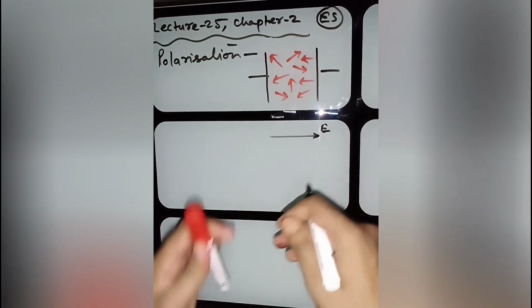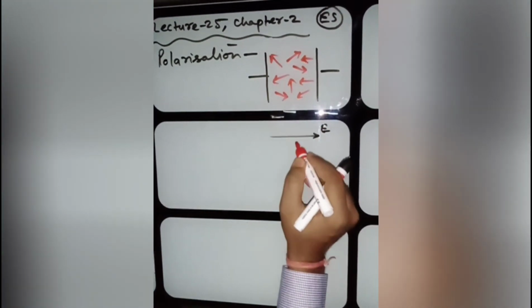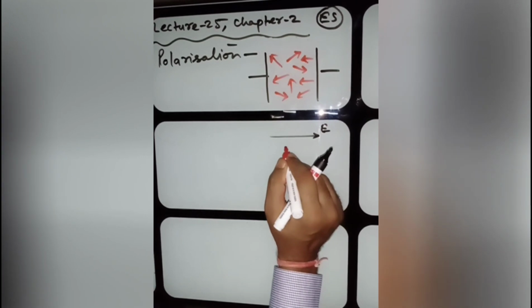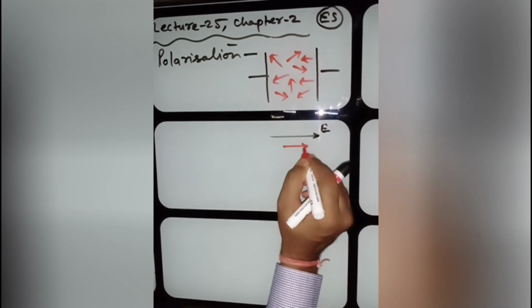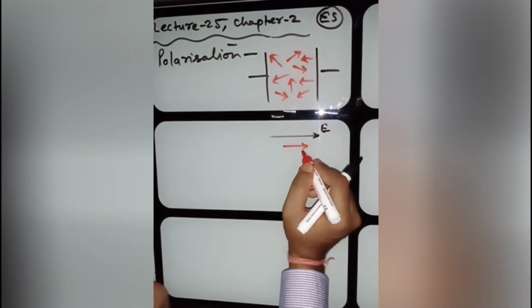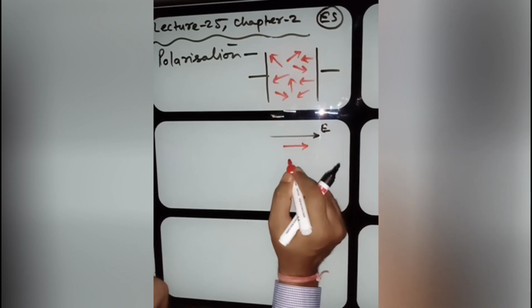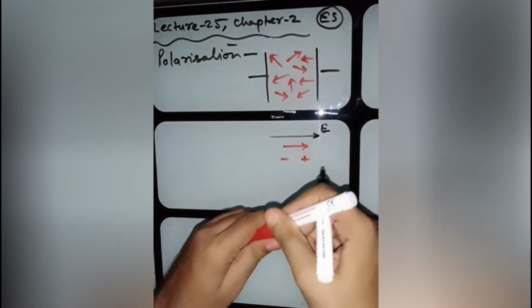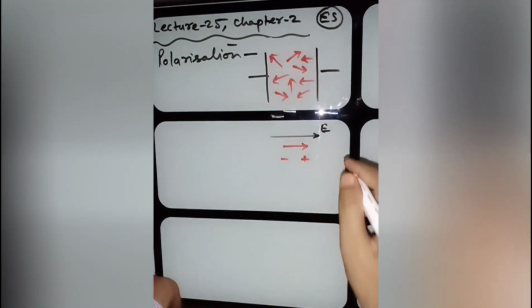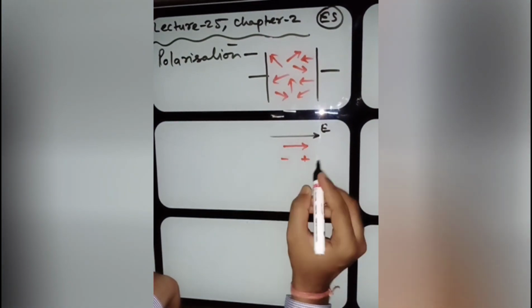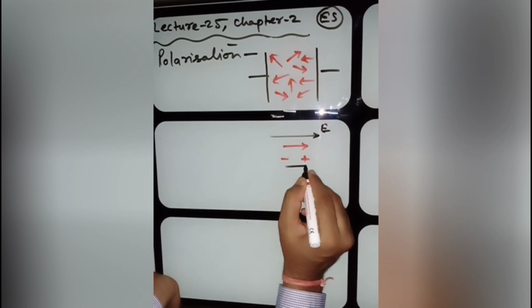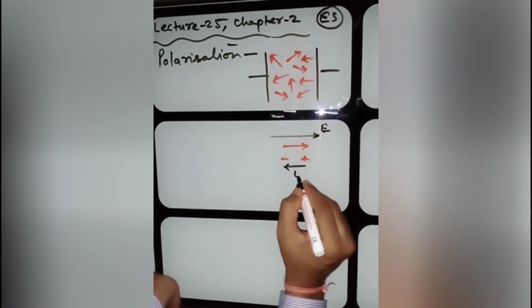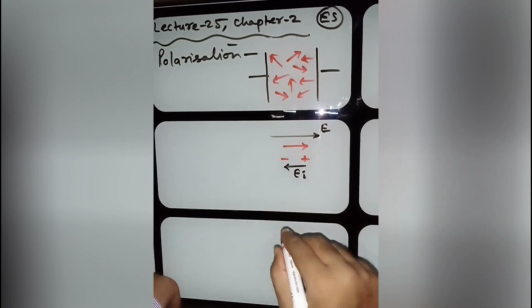And I am discussing here one dipole. If the dipole is aligned in this way, this is the direction of the dipole moment, and we know the direction of dipole moment is from negative to positive. If the dipole is aligned in this direction, then the direction of the induced electric field, E induced, is in this way.